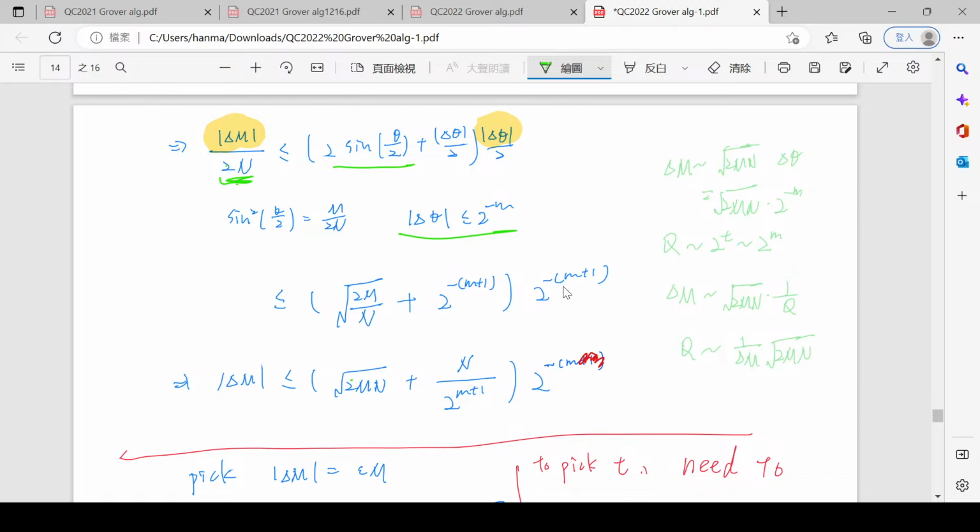And I believe this 2 will cancel with this plus 1 here, so you get 2 to the minus m. And you have n inside, so square root of 2mn, plus 2 to the minus n plus 1. Okay?